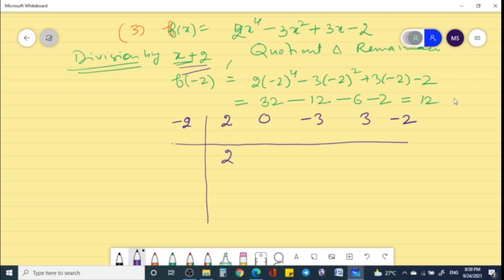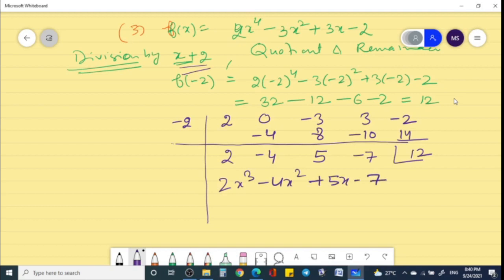So 2 is here, 2 2s are minus 4, this is 4 2s are 8, and this is 5, and 5 2s are 10, this is minus 7, and this is 14, and this is 12. So this remainder is 12, and the quotient is 2x cube minus 4x square plus 5x minus 7.